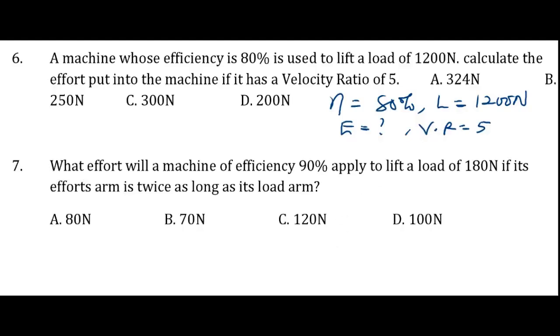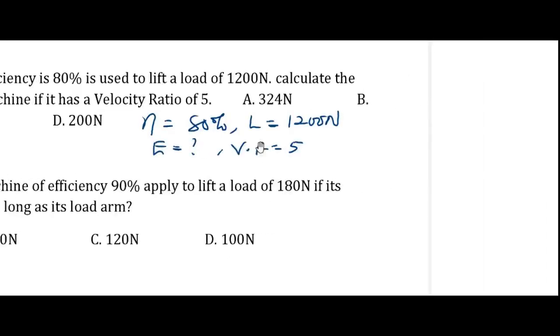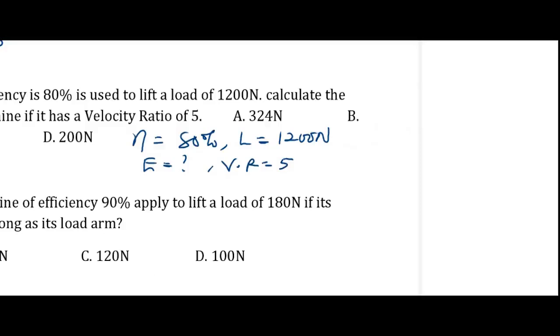So the first thing we would want to do here is find the mechanical advantage of this machine. You know that efficiency equals mechanical advantage over velocity ratio times 100. All right. So our efficiency is what? 80, or you can say 0.8 since it's 80%. So let me just write 0.8.